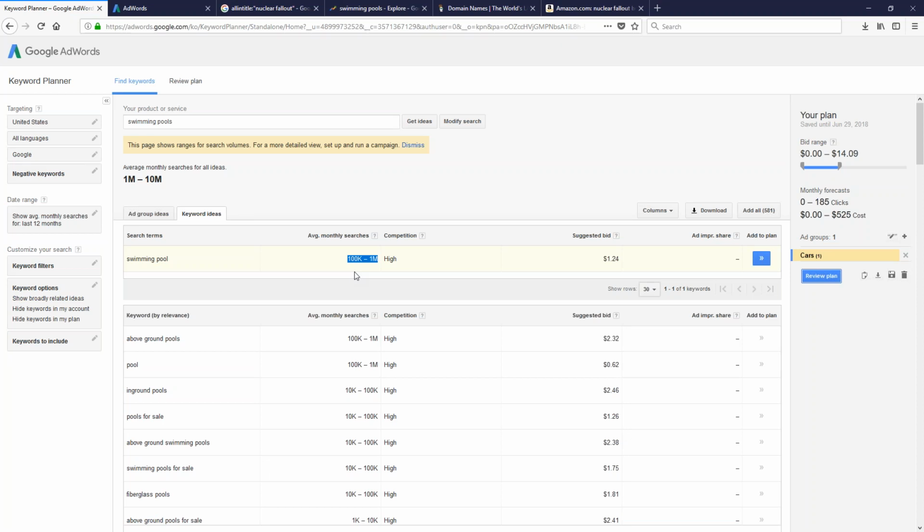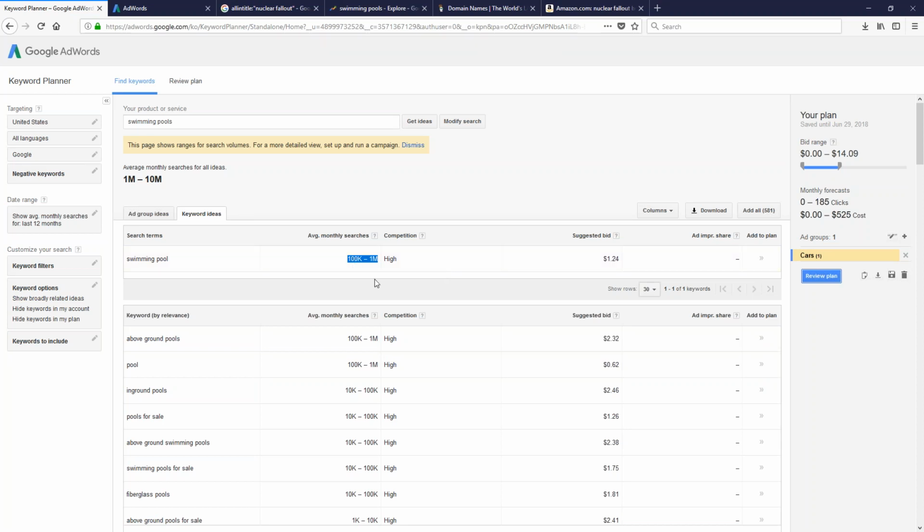If it's a trending niche, a brand new type of product, for example, that's just come out, the average monthly searches in the keyword planner might be showing up as really, really low if there's not a year's worth of good keyword data for that term yet. So this is something that's important to consider when you're dealing with a term that has these seasonal tendencies.